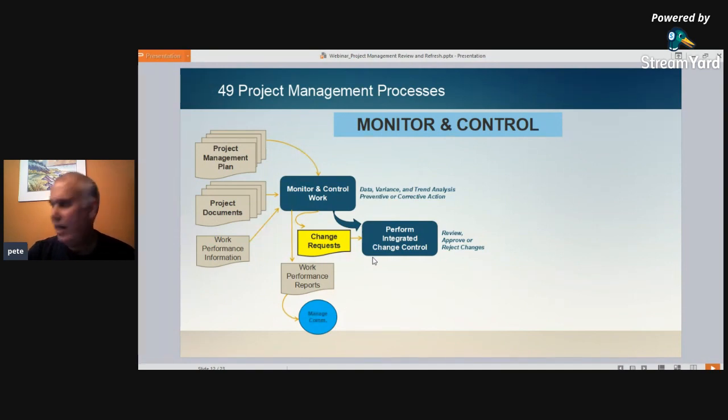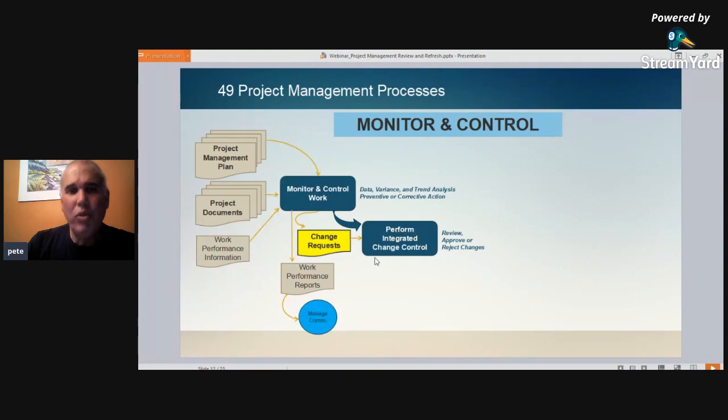Impact analysis. We see what this change is really going to mean, integrated across all the aspects of the project, and have our stakeholder, our sponsor, our customer, or something called a change review board, in some cases, review, approve, or reject the changes. Right? We don't want to just do them because somebody said they're a good idea, or because you as project manager say they're a good idea.